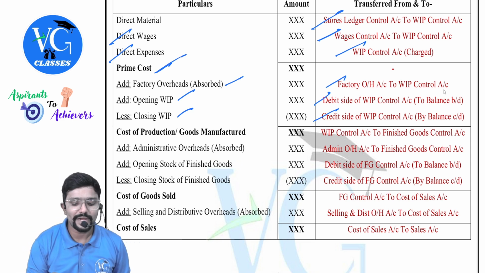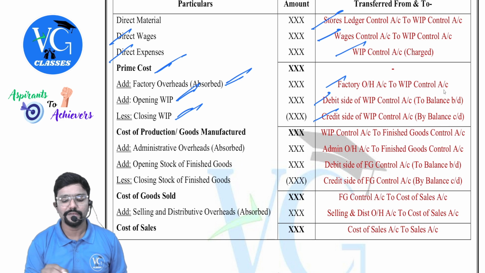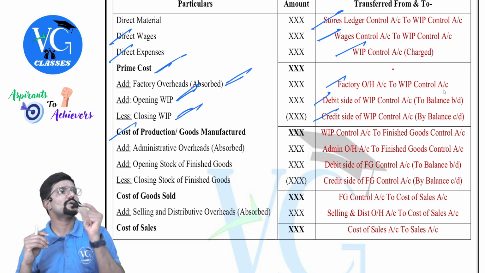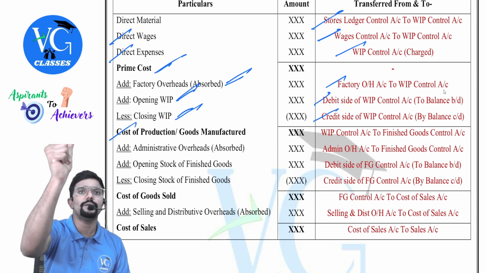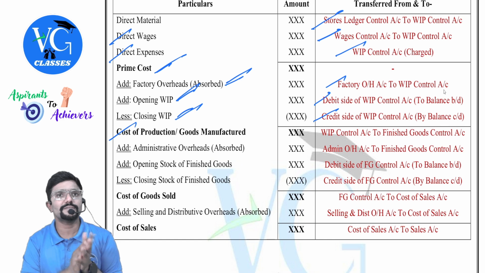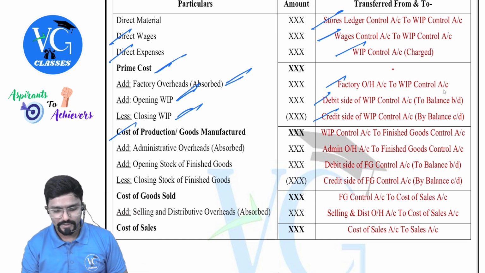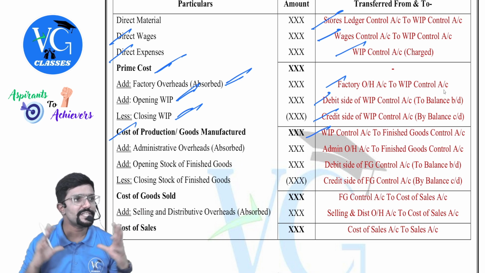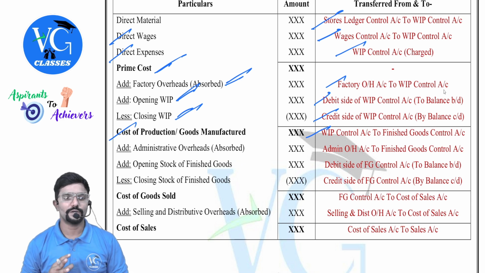Prime cost plus factory overhead absorbed plus opening WIP minus closing WIP gives you what? COP, cost of production. It is on the credit side of WIP control account, and we transfer it from WIP control to finished goods control account.